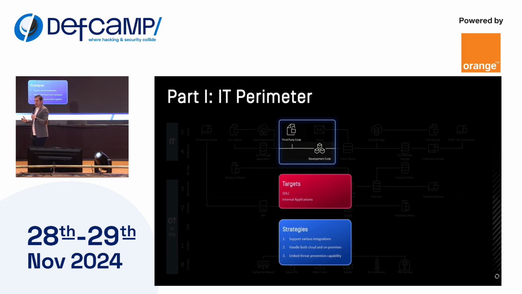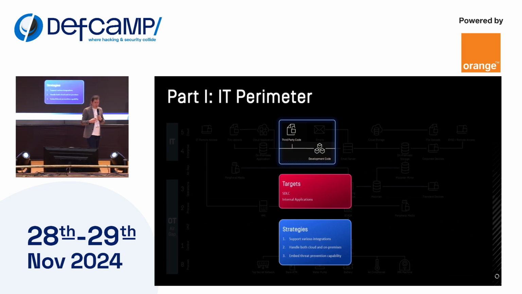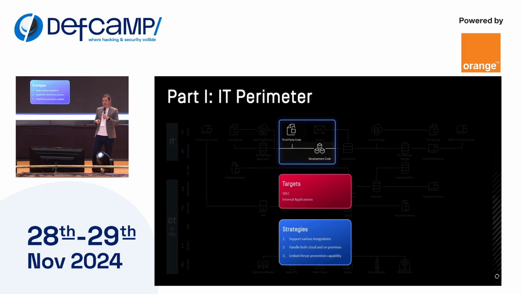But the code is going to be also used to develop internal applications. And the strategy we can take to mitigate that is to support DevOps integrations. And the reason for that is because we want to encourage the developers to shift left. We want to encourage them to have security in mind.